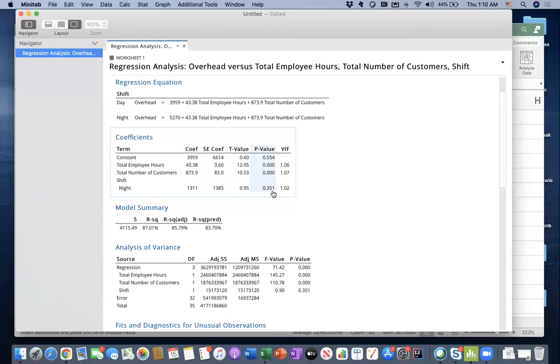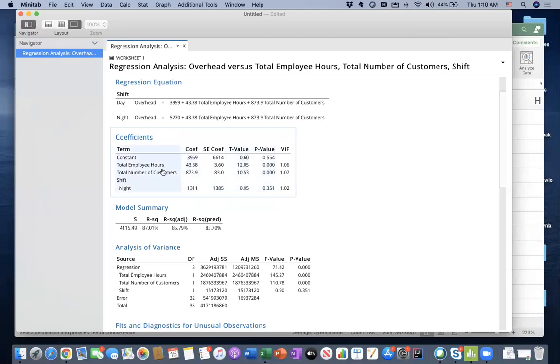Well, if you remember from our previous discussions, if the p-value is less than the level of significance, which we identified as 0.05, remember, it is 1 minus 0.95, then we reject the null hypothesis that the variable is insignificant in the multiple linear regression equation. In our case, we reject the null hypothesis, meaning that the variable is actually significant. So we go ahead and use them.